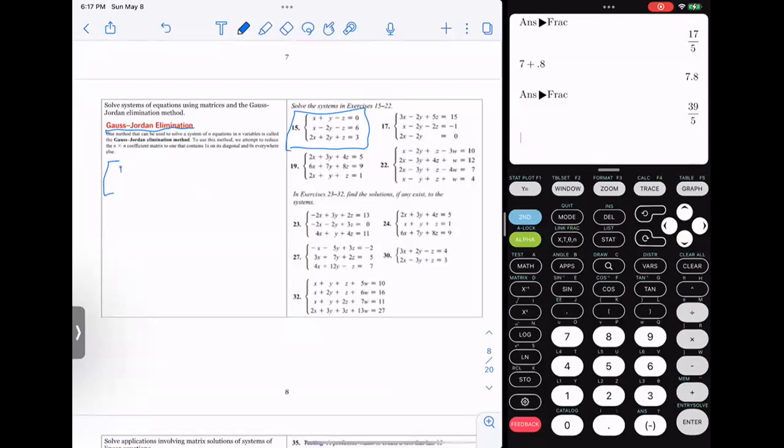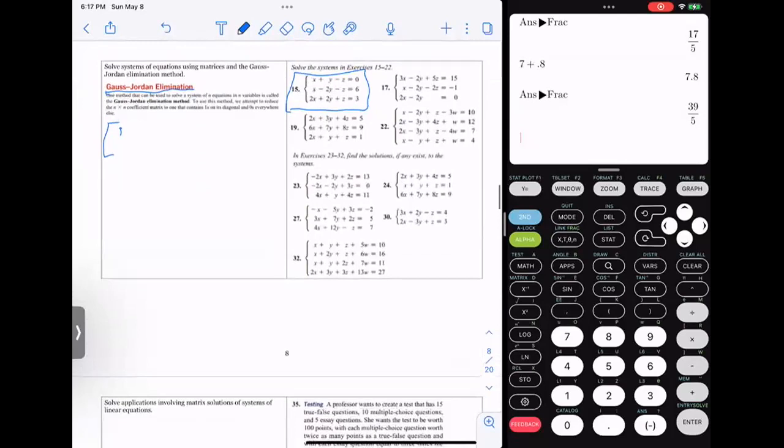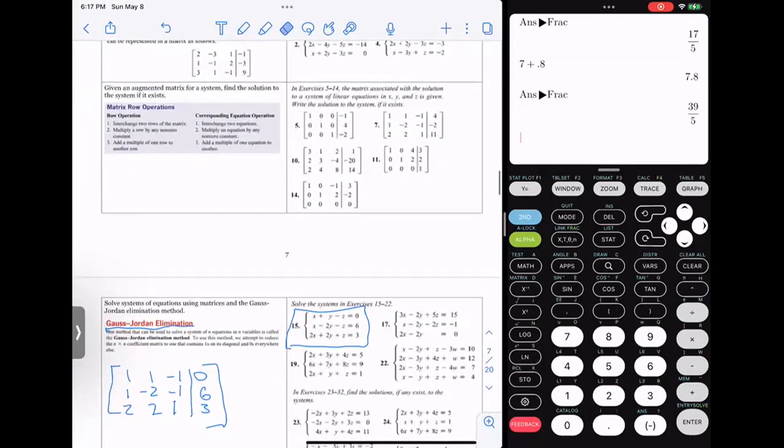So we're looking at all the coefficients. The first equation is, I'm going to make that a little bigger. 1, 1, -1, 0. Then we have 1, -2, -1, 6. We have 2, 2, 1, 3. All right, so like I said, our goal needs to be to get something that looks like this.